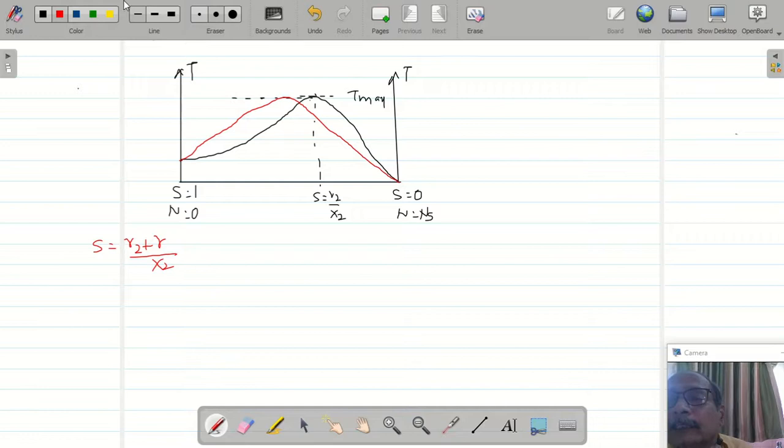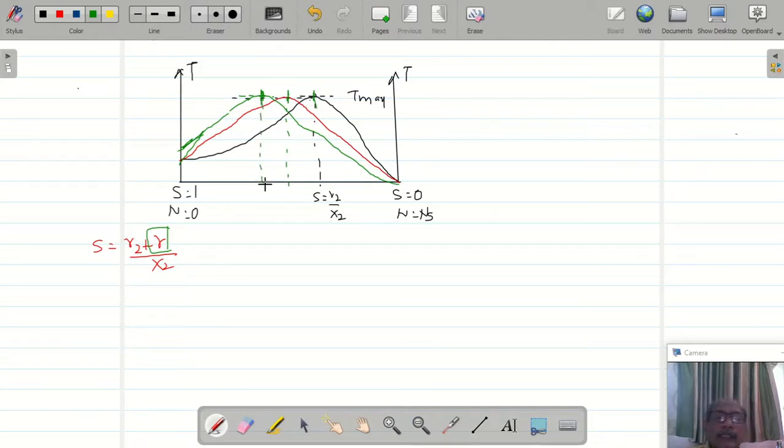As you increase the resistance again, this maximum torque will be the same, but only the slip at which maximum torque occurs will change. So please be careful about it. By inserting the resistance in the rotor circuit, the amount of torque will not change, only the position at which maximum torque occurs will change, means slip will change. As you insert the resistance, slip is increasing, and you will get this characteristic.